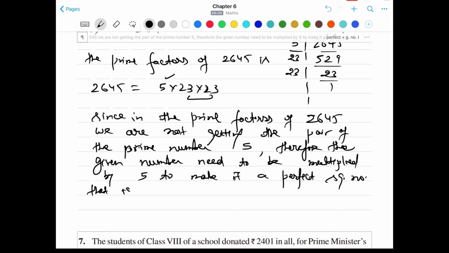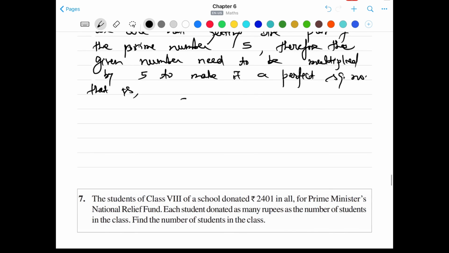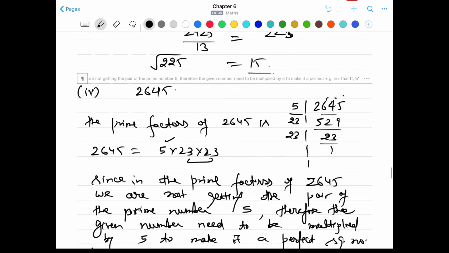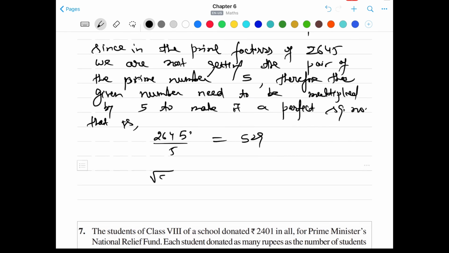That is, we have number 2645 divided by 5, we'll get 529, and the square root of 529 is 23. Okay, so that's the answer.